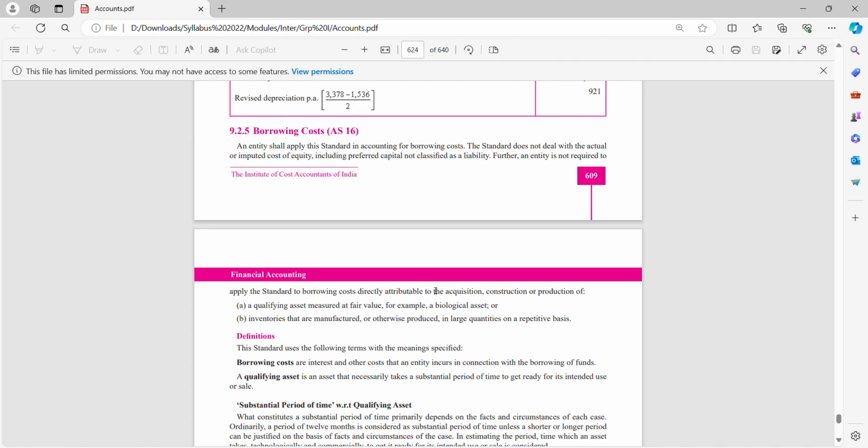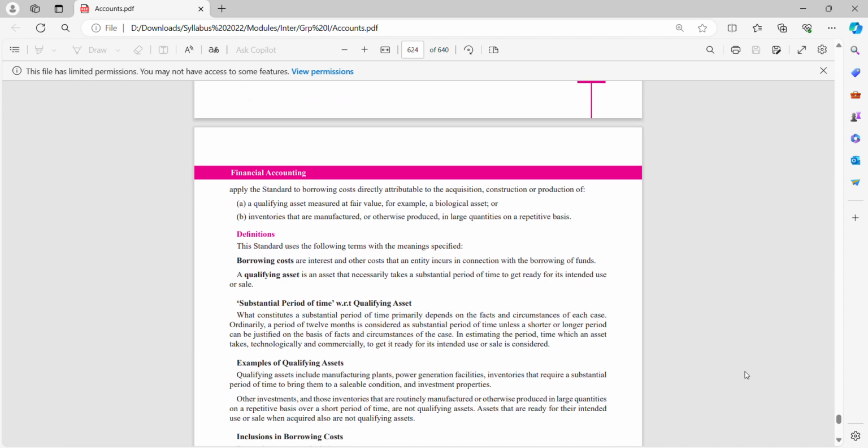Now you have definitions. The standard uses the following terms with meanings specified. Borrowing costs are interest and other costs that an entity incurs in connection with borrowing of funds.